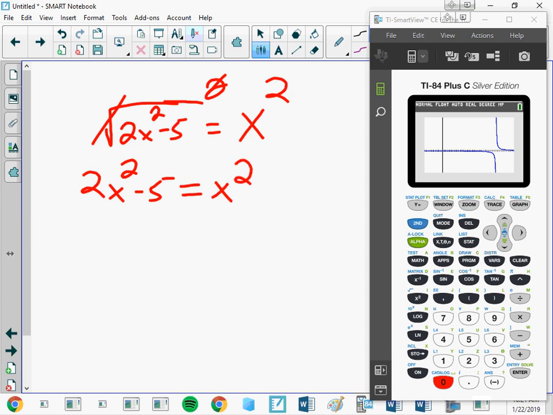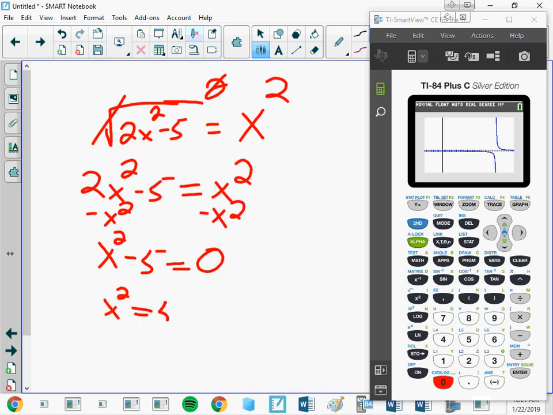You see an x squared, what should you think? Quadratic. Subtract x squared, and I get x squared minus 5 equals 0. So I'm going to add 5.